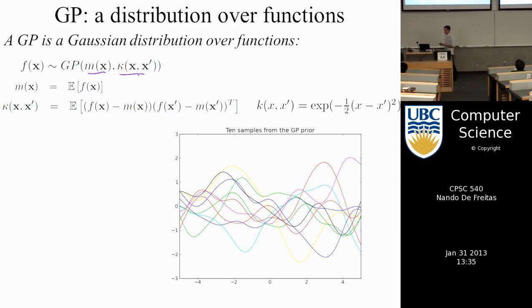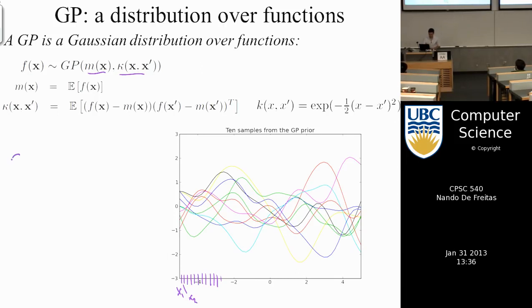If I have those two functions, what I can do is I can get a very fine grid of points. So fine that when I plot it, it looks like a function, even though what I'm plotting there is a vector. And each color, each line there is a single vector. But because I've chosen my points x1 and x2 so close to each other, it looks like a function.